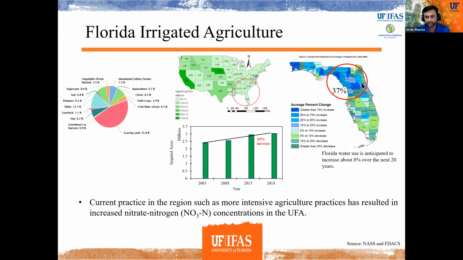I highlighted this area in which the average expected increase is about 30 to 47%, 40%. This is also the area where most of the center pivot irrigation systems are concentrated, on the Upper Floridan aquifer. And over the years, with intense agriculture practices, we have seen increasing nitrate nitrogen concentration in the Upper Floridan aquifer.